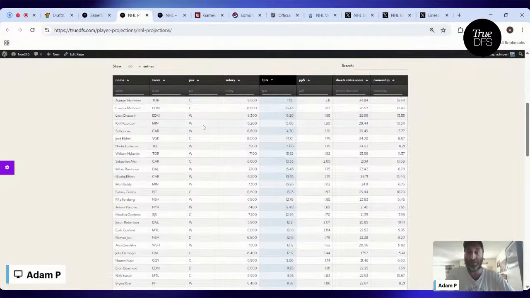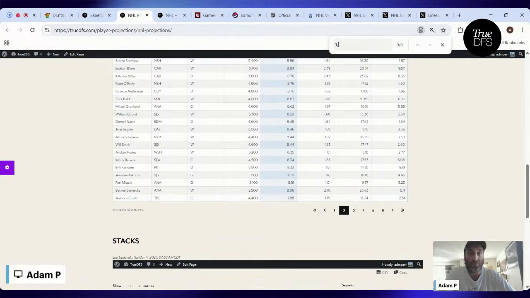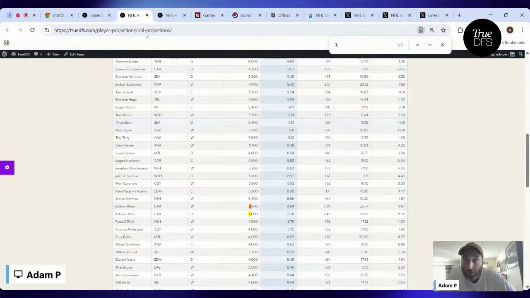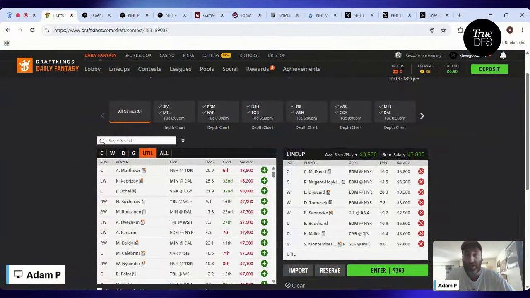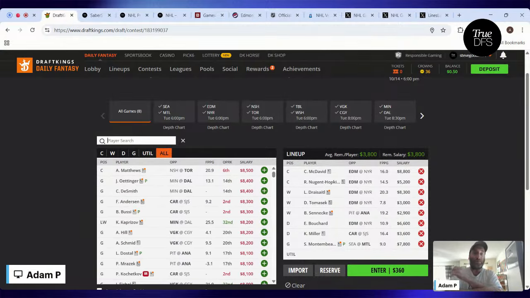Then we have 3,800, so let's sort by fantasy points. I have to go to page 2 for that. And we can correlate Jackson Blake, right? It's going to be a not-so-chalky Edmonton stack on the power play with the power play upside.